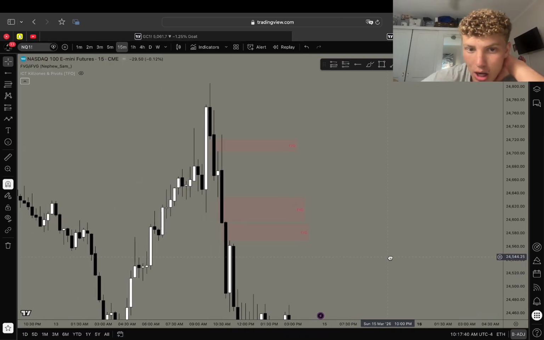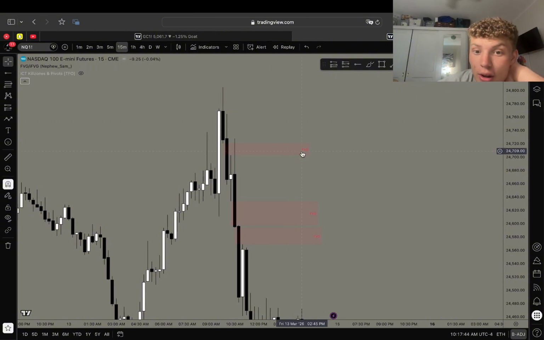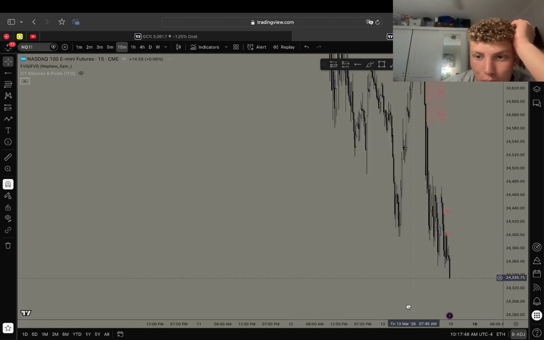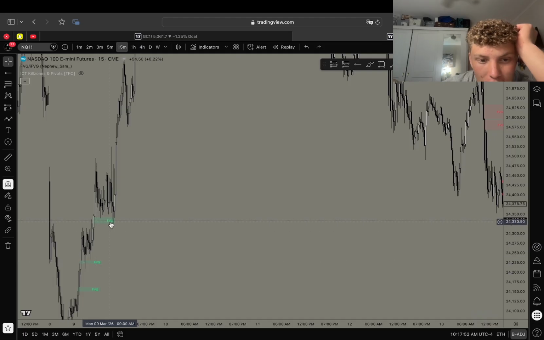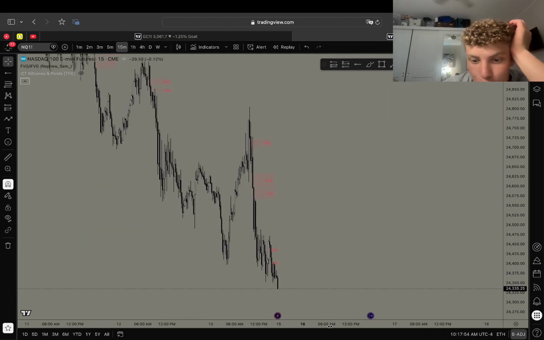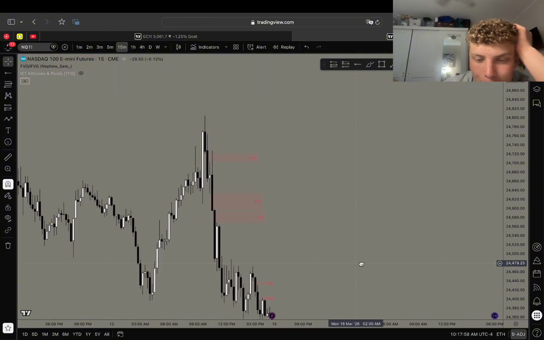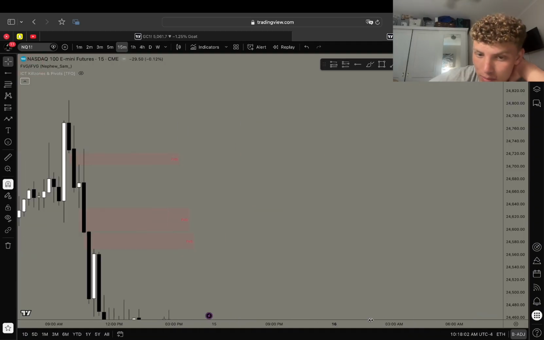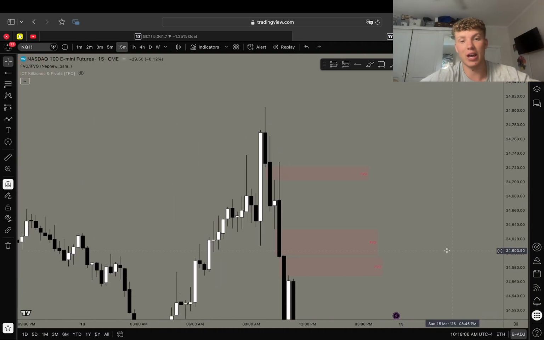All right, coming into the market right now, we've got the fair value gap indicator on. Red identifies bearish, and green identifies bullish. We'll show you some examples of these fair value gaps working on the 15-minute time frame. Here's a good example of it not being 3 bearish candlesticks in a row.